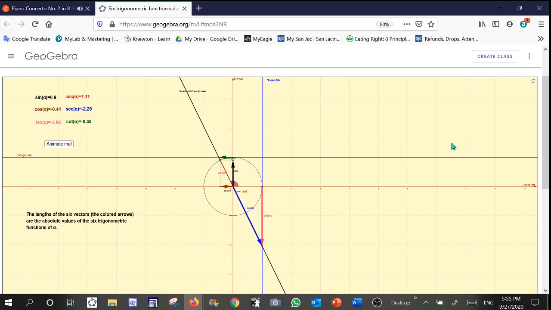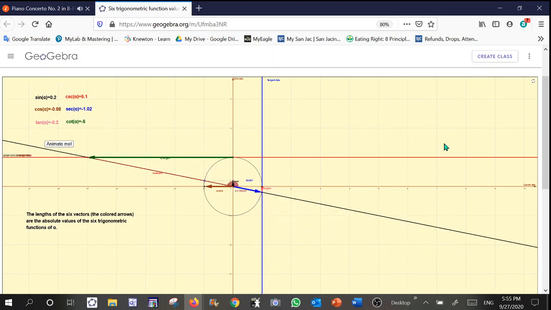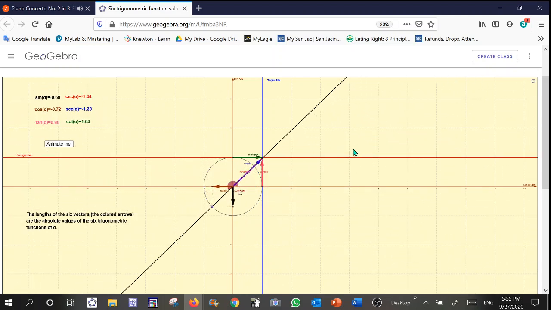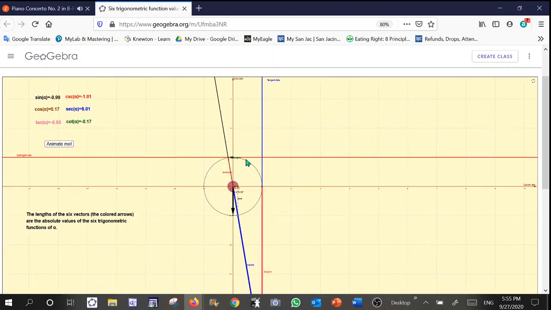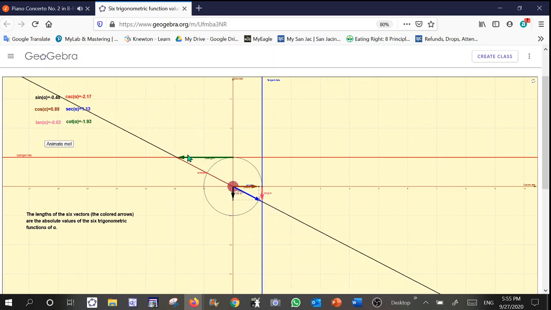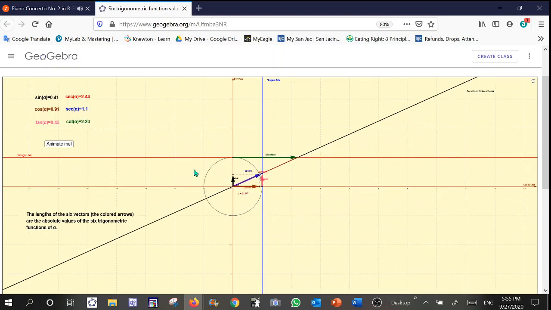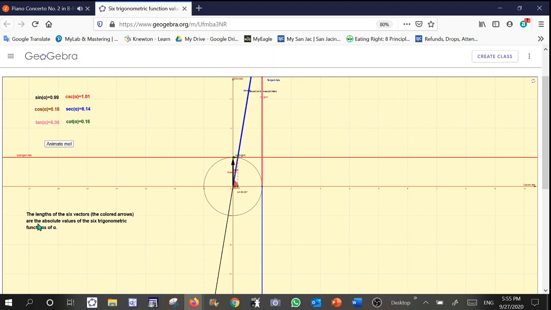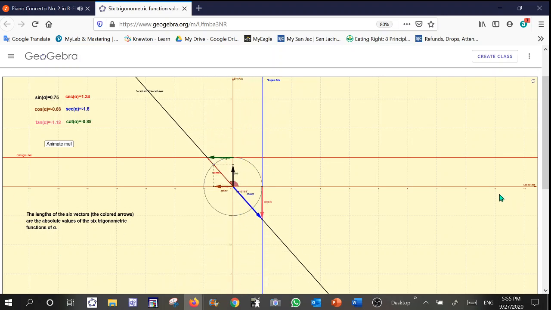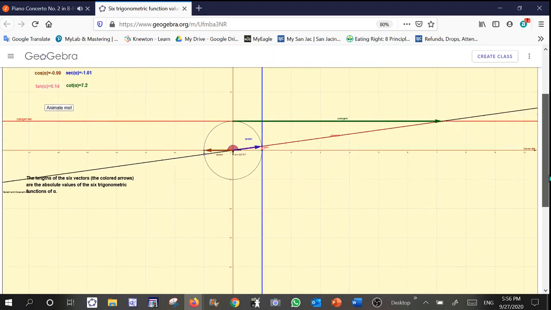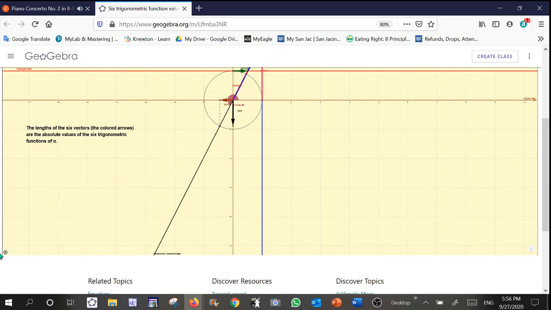And notice that as the angle is going around here, these different vectors are actually the absolute values of the 6 trig functions. Okay, let me move it down so I can stop it maybe right here.